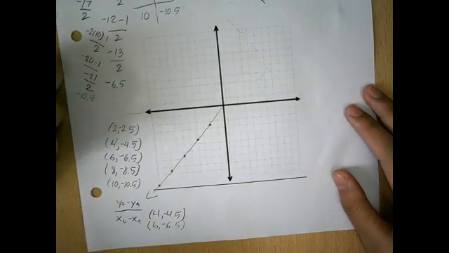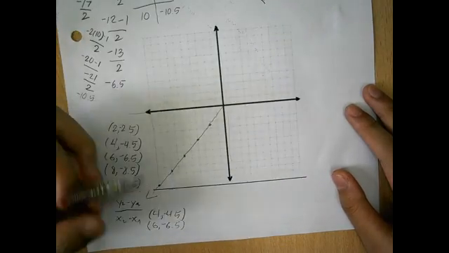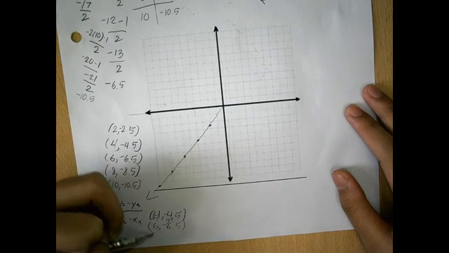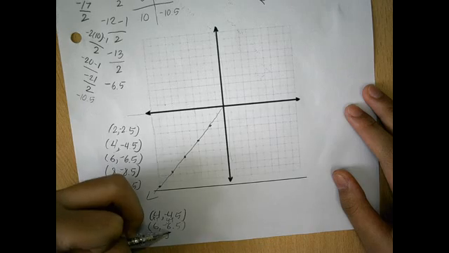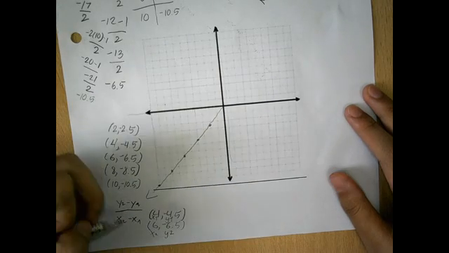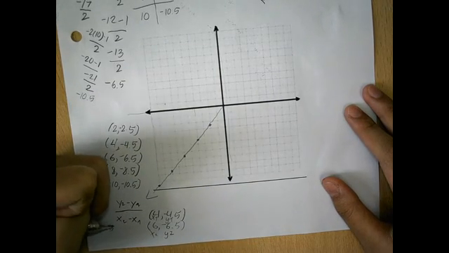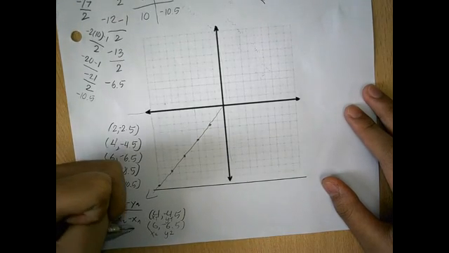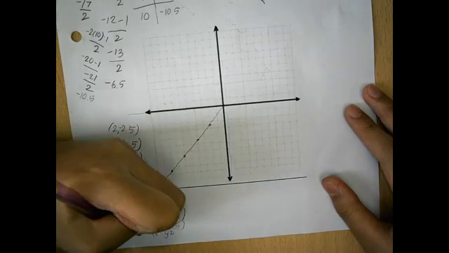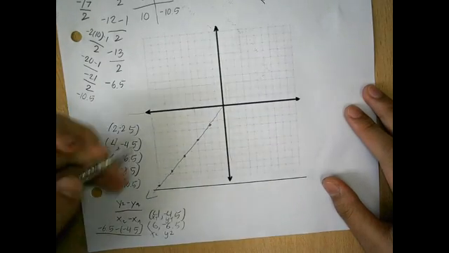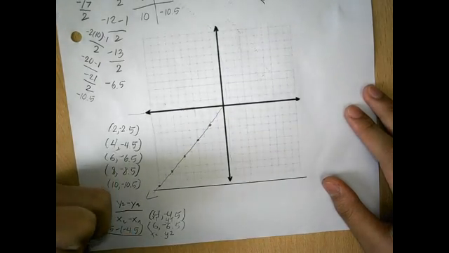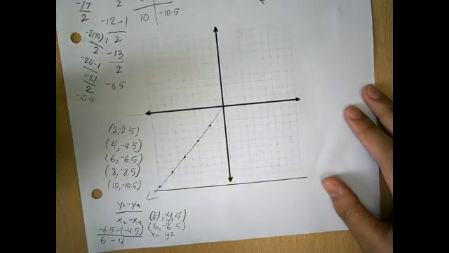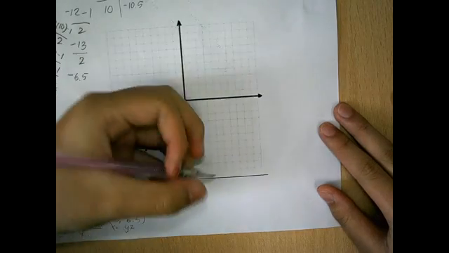So for that we have, let's say this is x1, y1, x2, y2. So we have negative 6.5 minus negative 4.5. Then at the bottom we have over 6 minus 4.